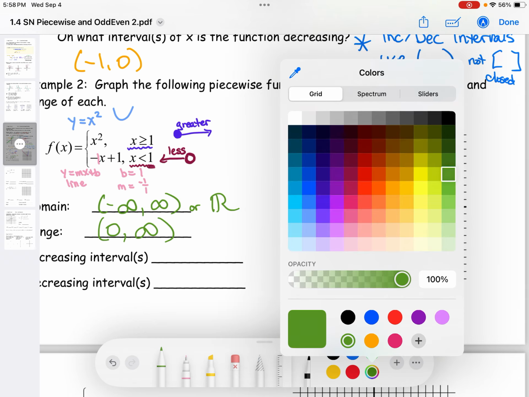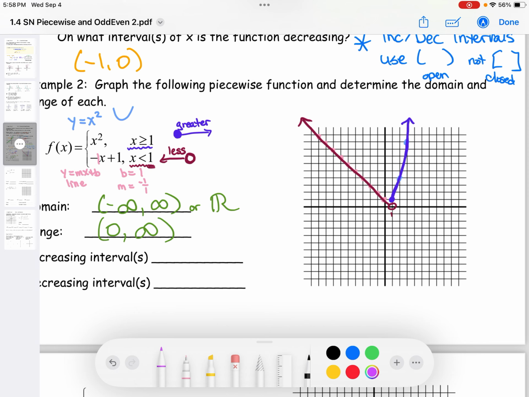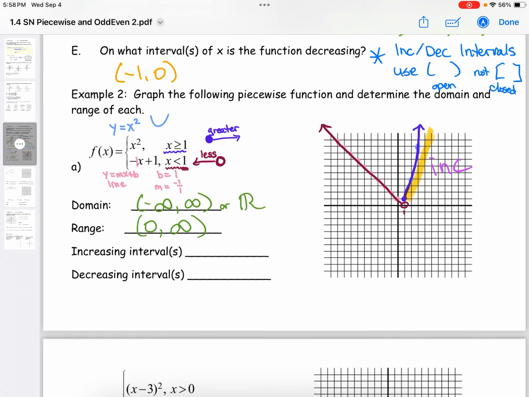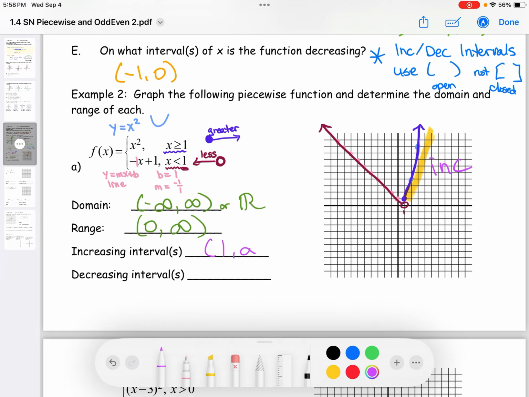Then we can talk about increase and decrease intervals. The function is increasing, going up left to right, on this piece on the right. This is an increase. That domain is from 1 to infinity. The x's are from 1 to infinity.